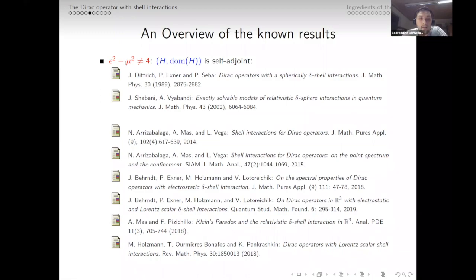Okay. The first paper dealing with this kind of perturbation was this paper by Dietrich, Exner, and Shiba, where they studied the case of a sphere in R3, followed by this paper by Benhellal, Pankrashkin, and Stockmeyer, where they got more results about spectral properties.